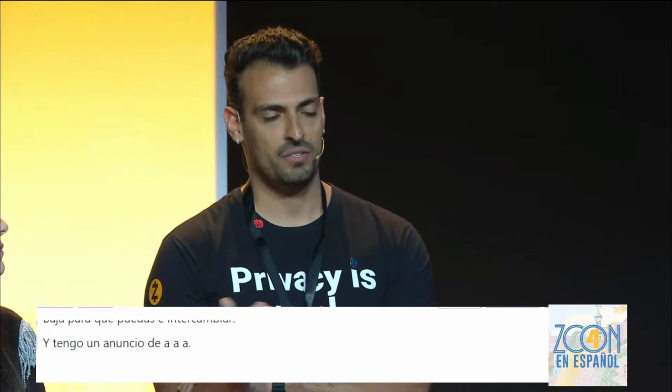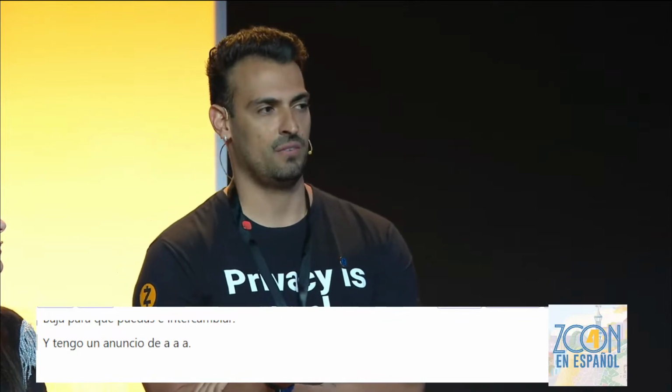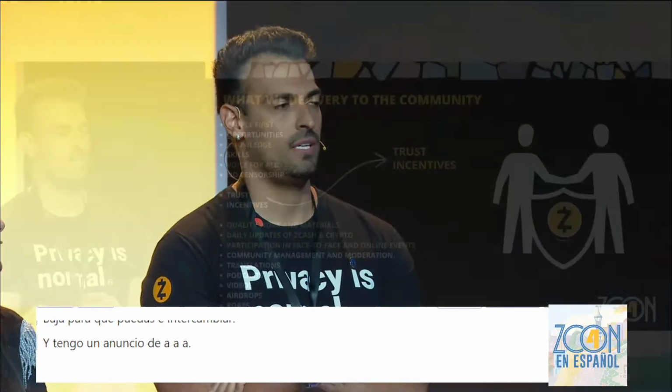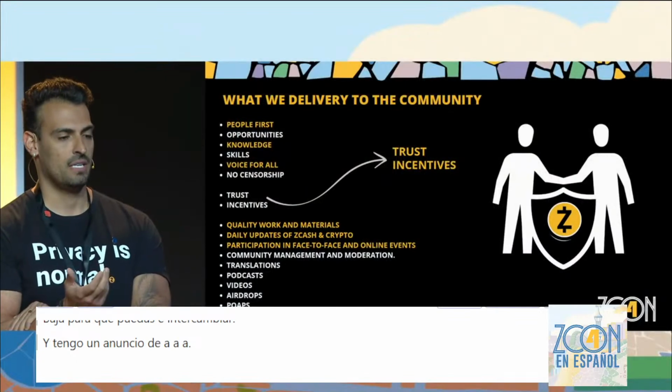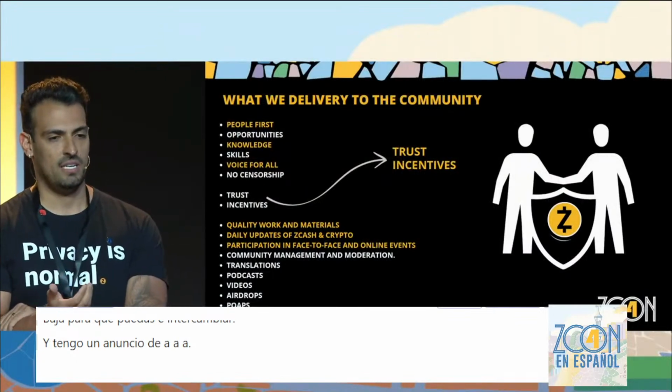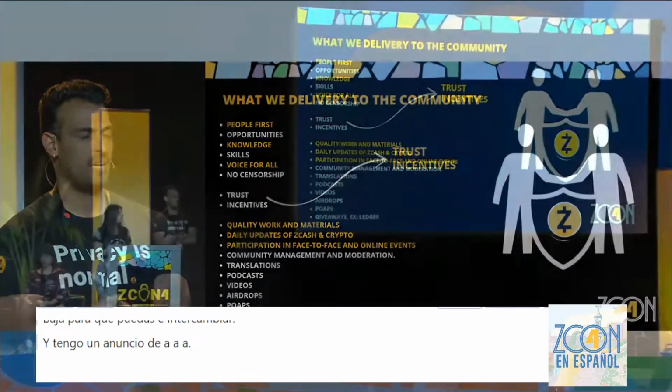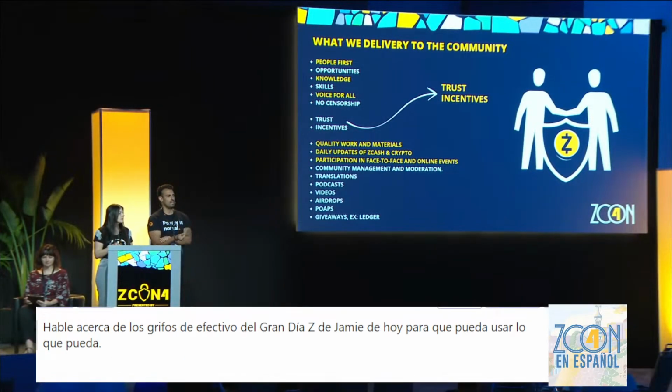And I have something announced to talk about today. James created the Zcash faucet, so you can put your T address, Z address, or unified address to get some fractions of Zcash.